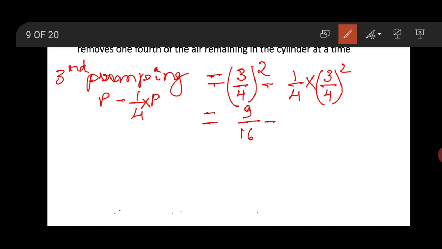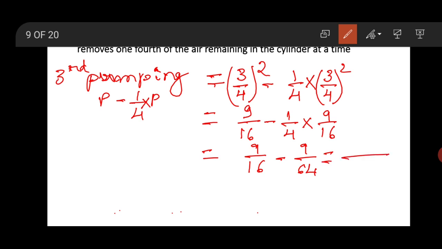Minus, now 1/4 of 9 by 16. Simplify: 9 by 16 minus 9 ones are 9, multiply the numerator, 9 ones are 9, and the denominator 16 fours are 64. Now simplify further.